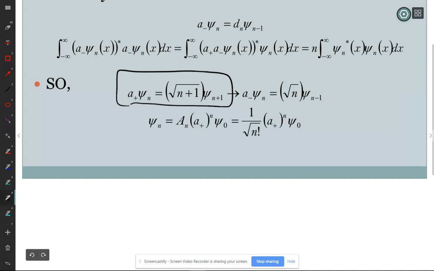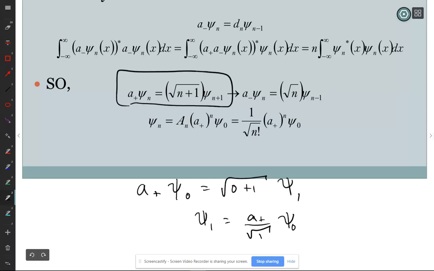is now normalized. If you look at this carefully, if you start at n equals 0, you'd have A plus acting on psi 0 is equal to the square root of 0 plus 1 psi 1. And so psi 1 is equal to A plus over the square root of 1 psi 0.